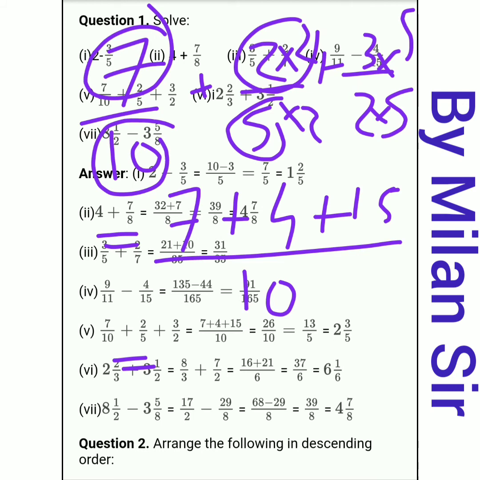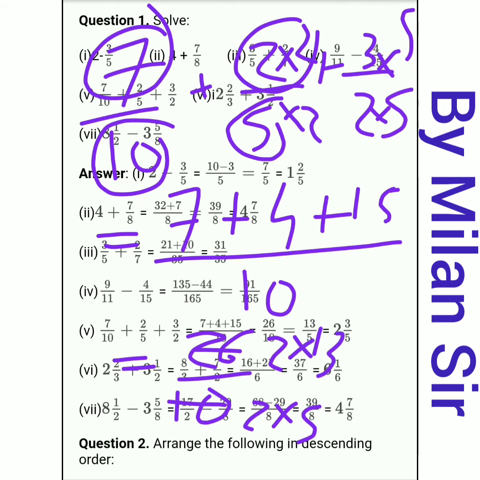Now in the numerator 7 plus 4 plus 15. 7 plus 4 is 11. 11 plus 15 is 26. So 26 by 10. Now we can simplify 26 upon 10 because 10 is 2 fives and 26 means 2 into 13. So 2 cancels. So our final answer is 13 by 5.